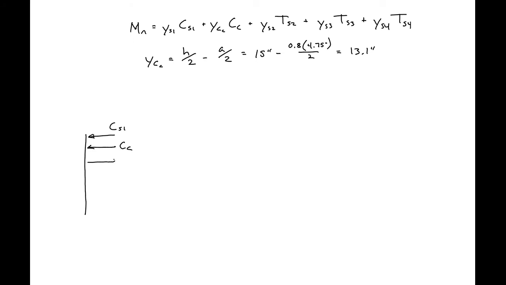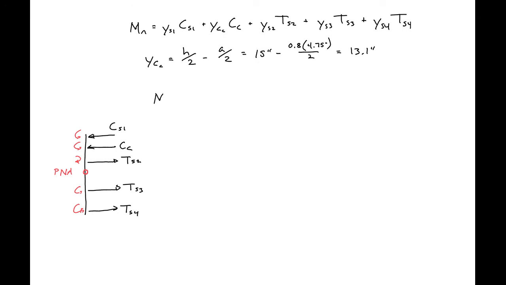We have our second layer steel in tension, our third layer steel in tension, and our fourth layer steel in tension. So remember, we're summing our moments about our plastic neutral axis. So you can see that 4 of the moments are going to be in the same direction, and we have 1 moment that's going to be in the opposite direction. So when we're combining them, we just need to make sure that we subtract off the second layer steel moment.